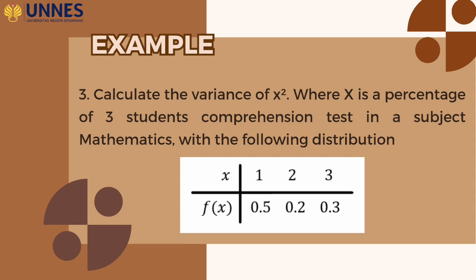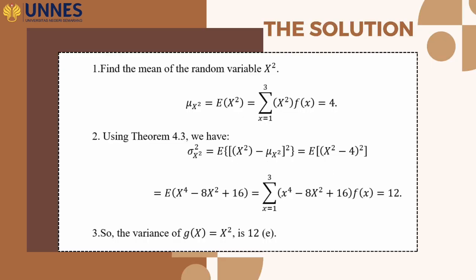Okay, so how to calculate the variance of g(X)? First, we must find the mean of the random variable X squared. So X squared comes from the function.